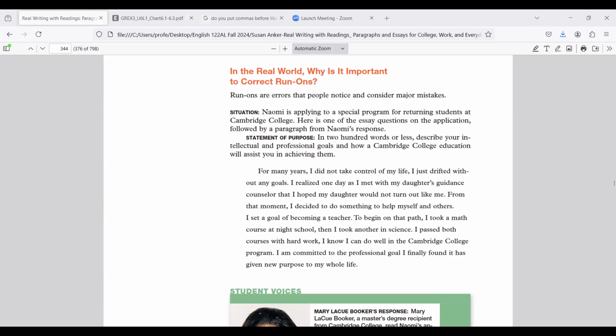I set a goal of becoming a teacher. To begin on that path, I took a math course at night, then I took another in science. I passed both courses with hard work, now I can do well in the Cambridge College program. I am committed to the professional goal that I finally found has given new purpose to my whole life.